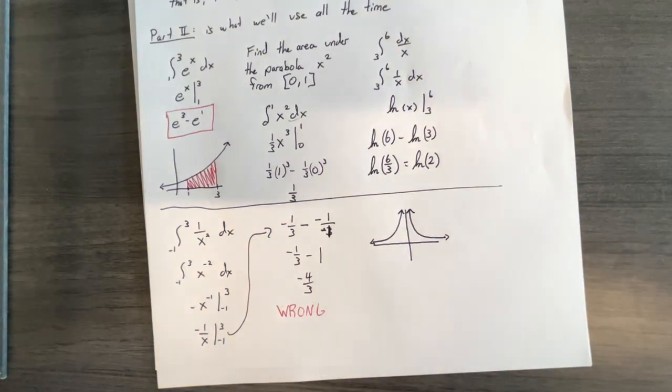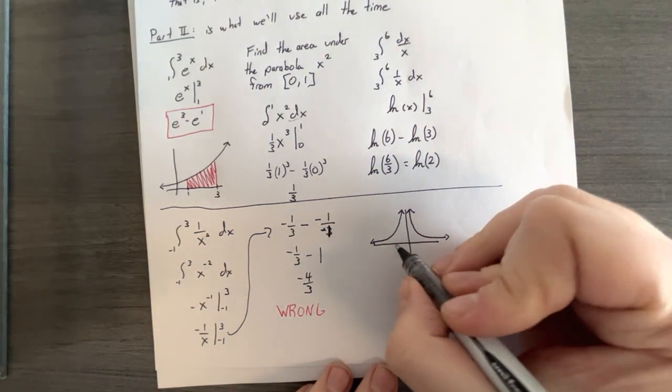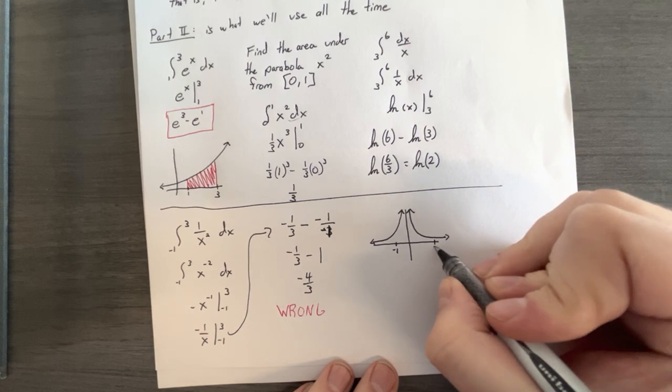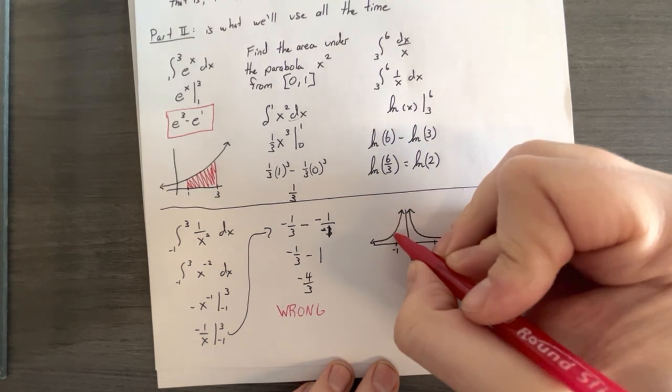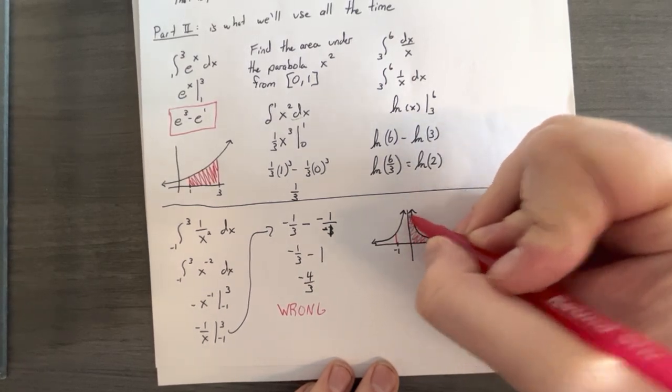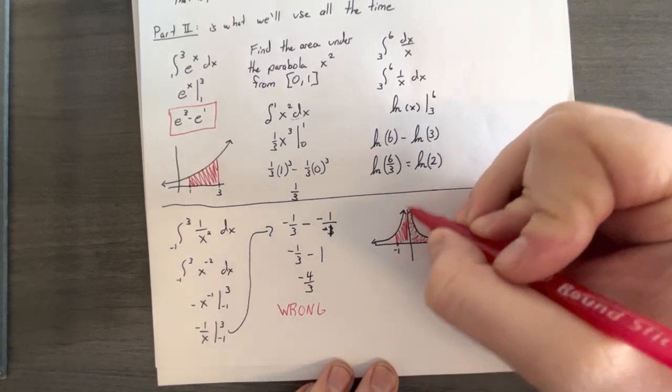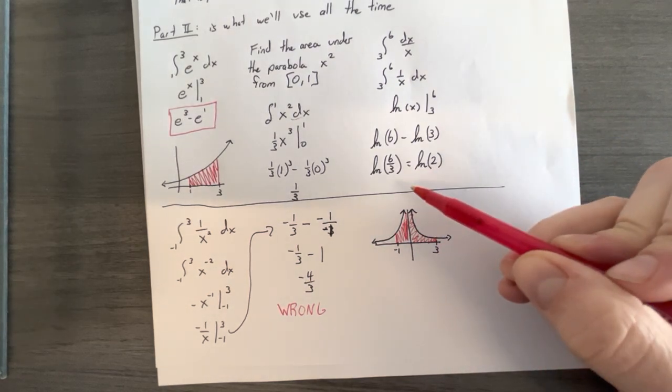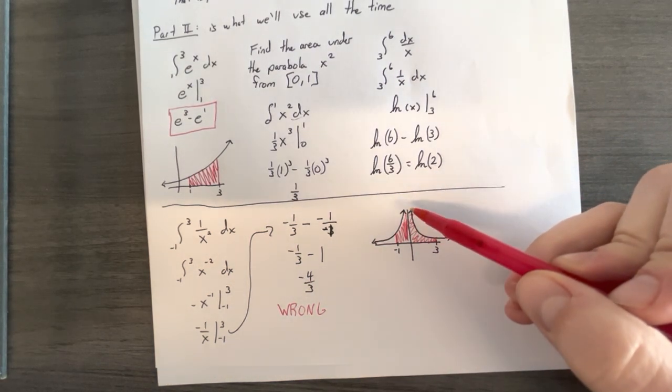And maybe now you're hopefully seeing why we're having an issue here. If we're going area under from -1 to 3, that'd be from here to here, and we're shading all this in. The issue becomes up here, right? That goes up to infinity. That's probably going to be an issue.